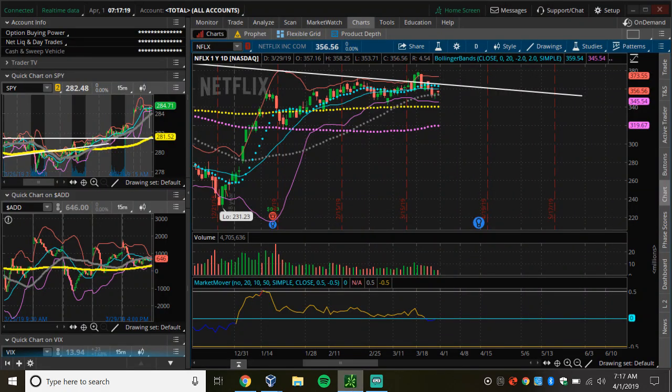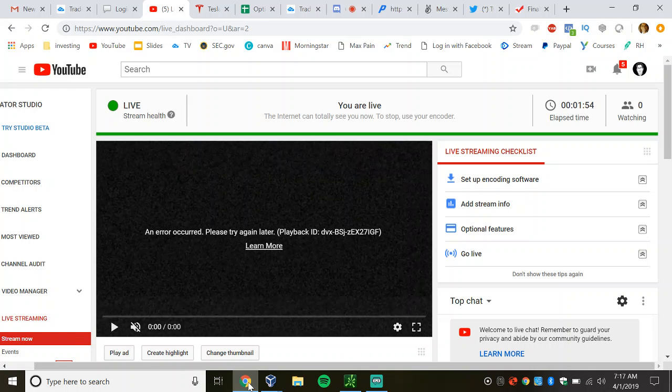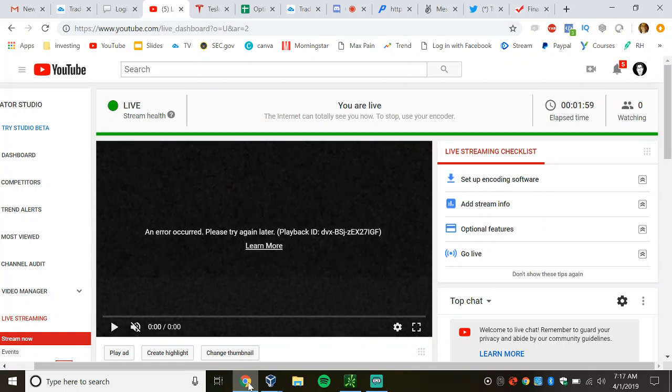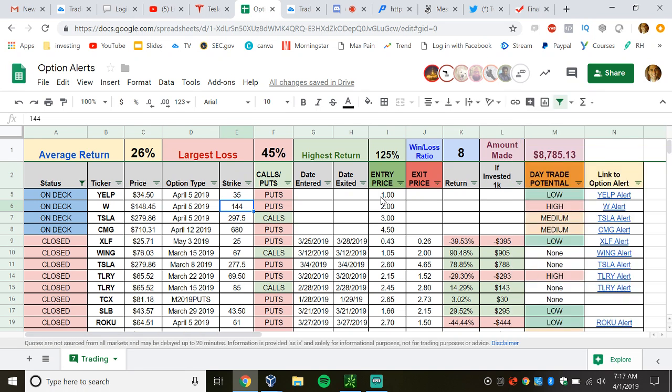Okay, so we have a ton of alerts we're going to be looking at, and I've been monitoring them pre-market, trying to figure out which one is the best one to enter. What I usually do is put in a low offer, like an option buy at 1 penny, just so I can watch the alert and have it up on my screen.